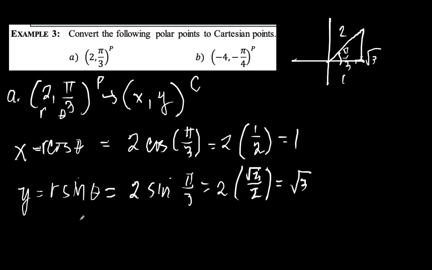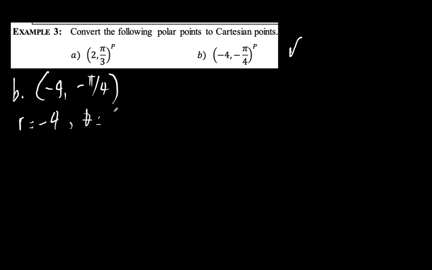So therefore, the equivalent of the given polar coordinate, (2, pi over 3), is the rectangular coordinates with abscissa of 1 and ordinate of square root of 3. So this is now our rectangular coordinates or Cartesian point given the polar point.